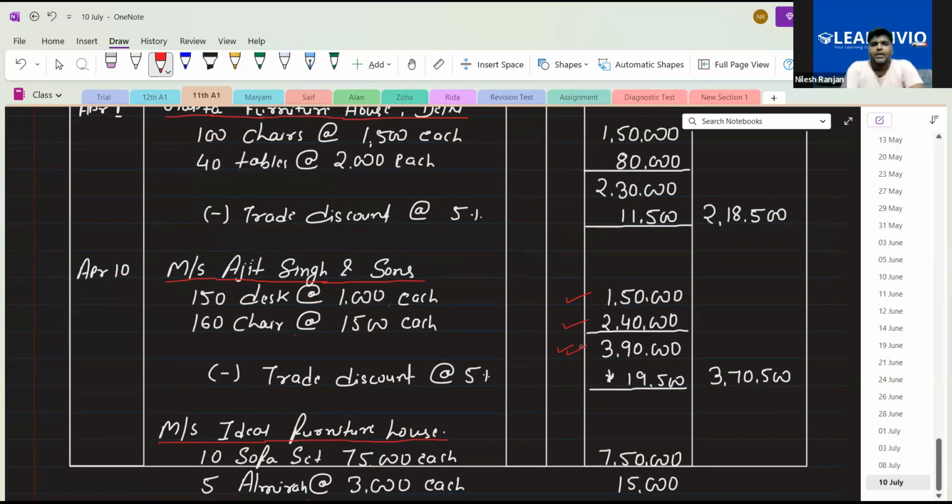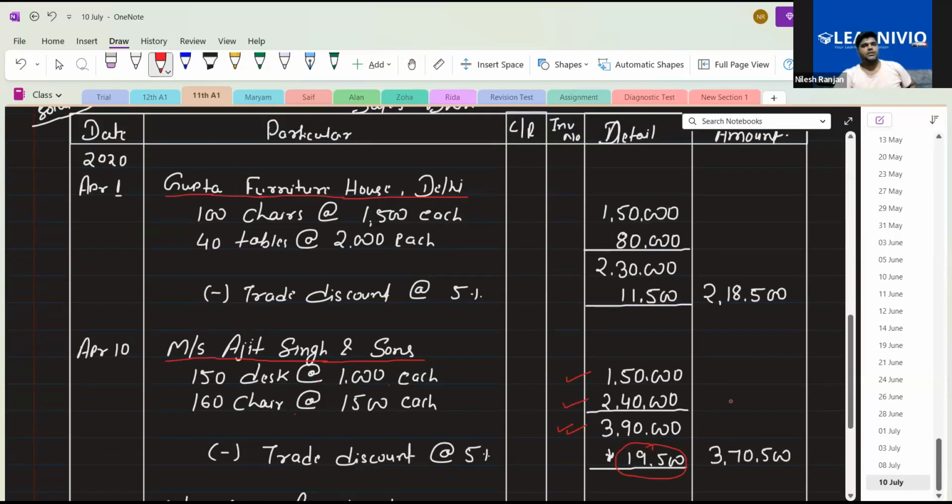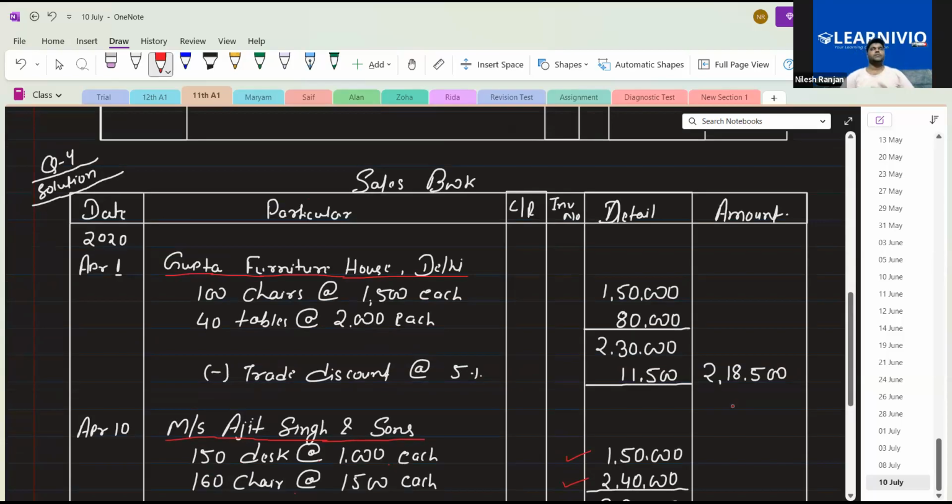Again, on this 3,90,000, we will calculate 5%. So 390 into 5 by 100, we will get 19,500. So this discount is deducted from 390 and we got 370,500. So this is our trade discount part. Now, if you want to write this, please write.